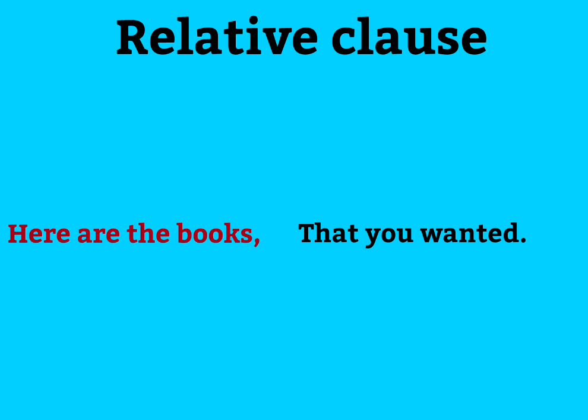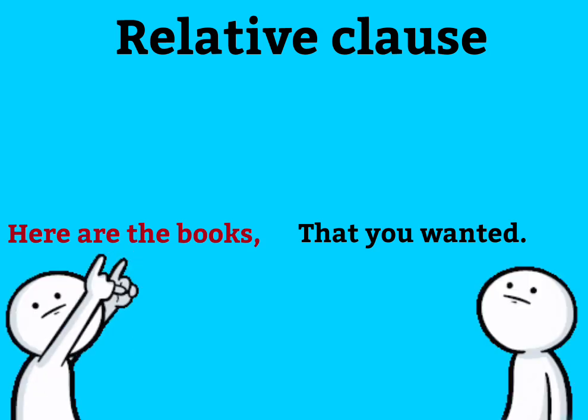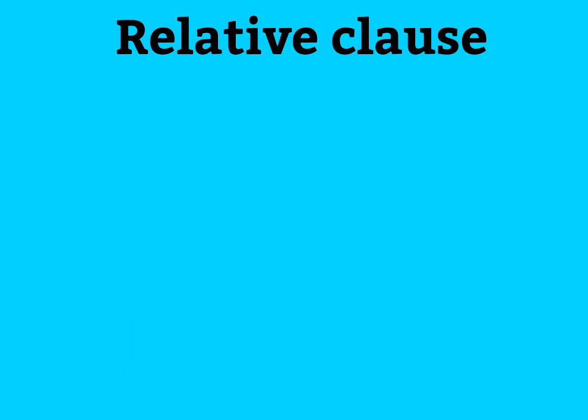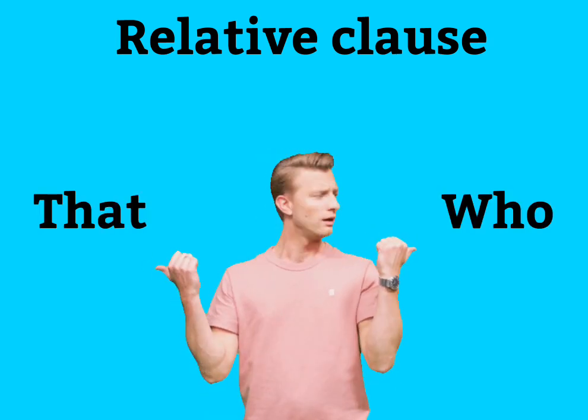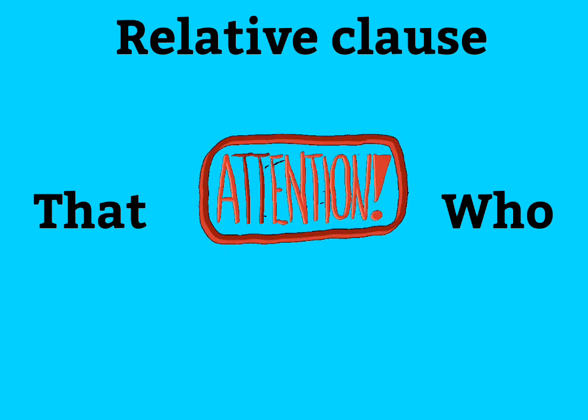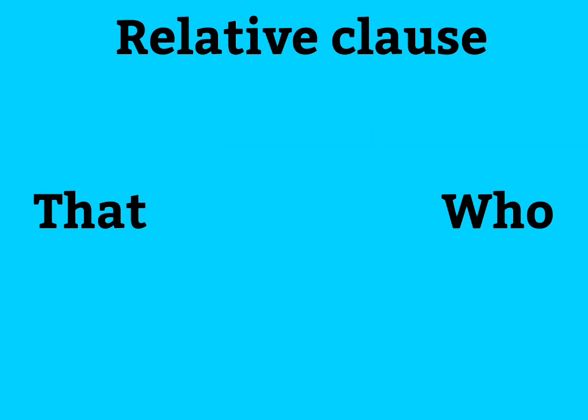Now, each of these sentences in this example contain a main clause and a relative clause. But notice here in the relative clauses, in English, we use the words who and that. Now, who and that are important. Those are called relative pronouns. So it's a pronoun. What is a pronoun?